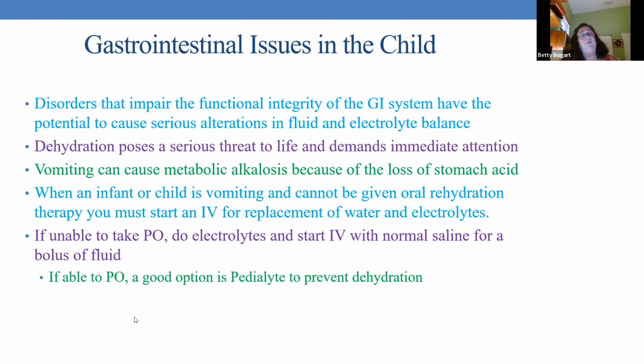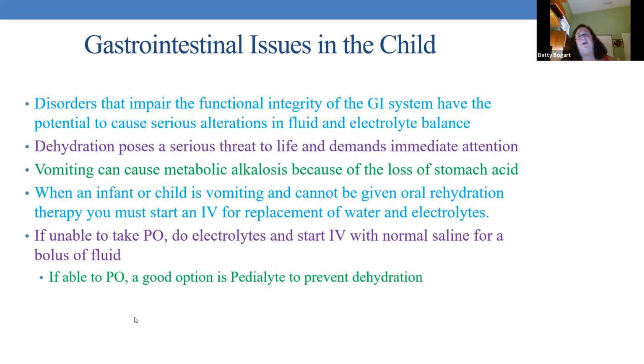So if you have a child who's vomiting and cannot take any oral therapy, they need to get an IV. But remember, one of the things that can show you how dehydrated they are is electrolytes. So get a set of electrolytes, then start the IV and give fluids.